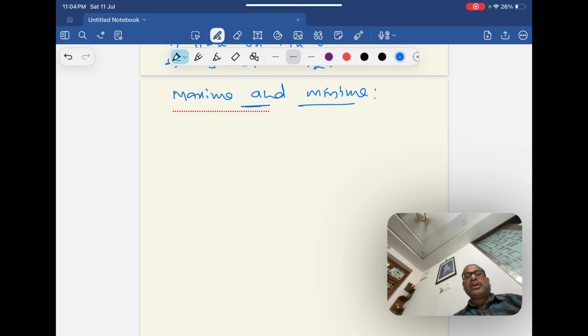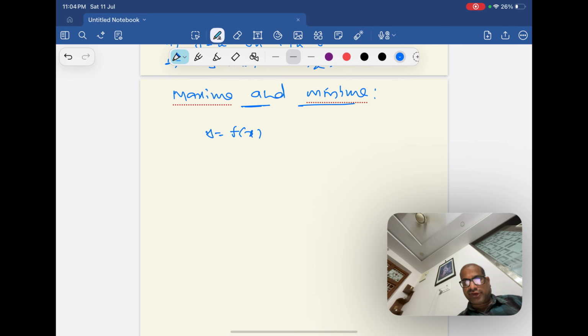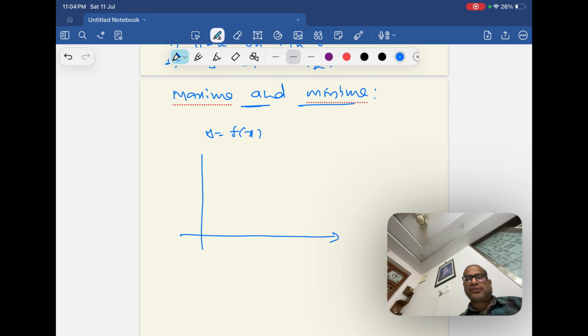Now, if I take any arbitrary function y is equal to f of x, like last class we saw the graph of y is equal to x square, its value will vary. Different values of x give different values of y.